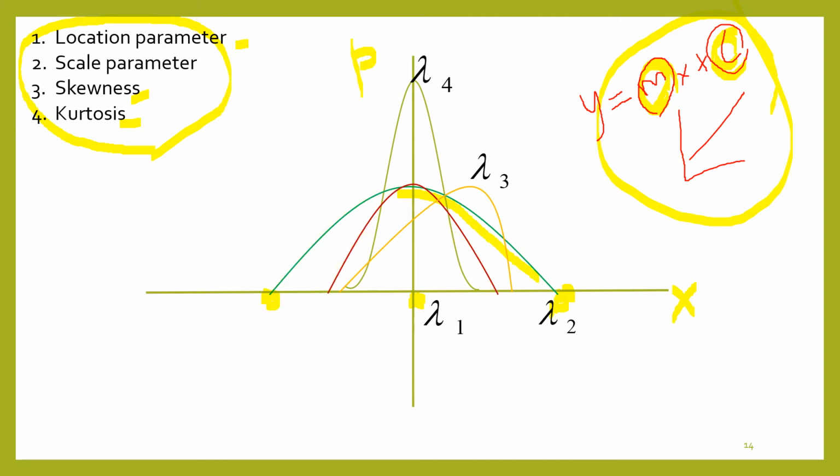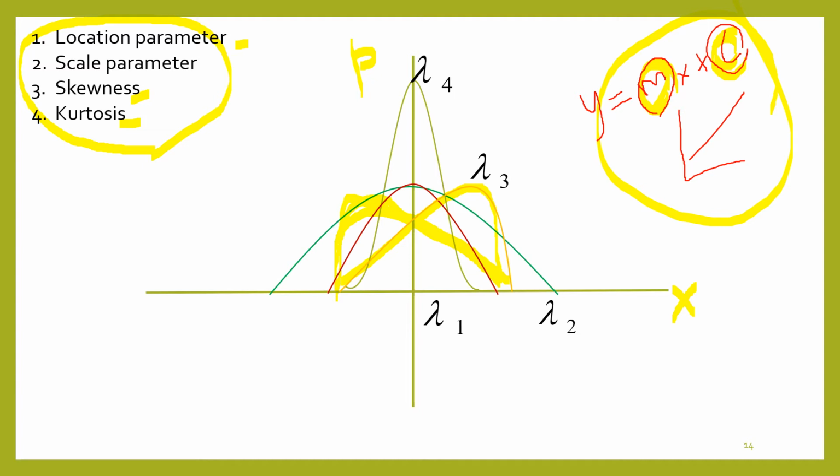And what else we have here is skewness. Skewness is this orange one, which we can see is skewed to the right. It can be skewed to the right, or it can be skewed to the left. So this means skewness, and it also carries meaning.